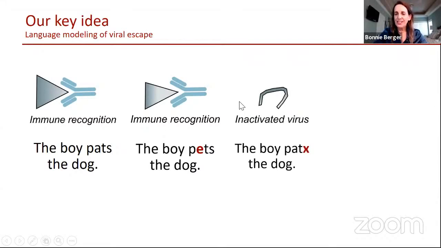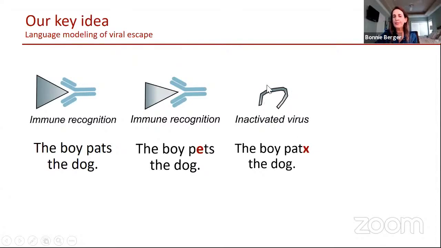Another mutation to the protein can completely inactivate the virus or cause it to lack function. For example, it could no longer fold, and in so doing, it cannot bind to the surface of the cell. This would be akin in natural language processing to a nonsensical word being inserted into the sentence, or a lack of grammaticality.